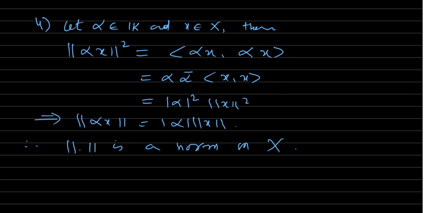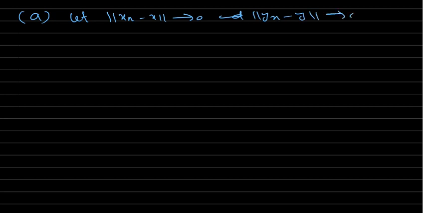So first part, so we have assumed that xn minus x converges to 0, yn minus y converges to 0. So let norm of xn minus x converge to 0, and norm of yn minus y converge to 0. So this implies this sequence xn and yn, they are bounded.